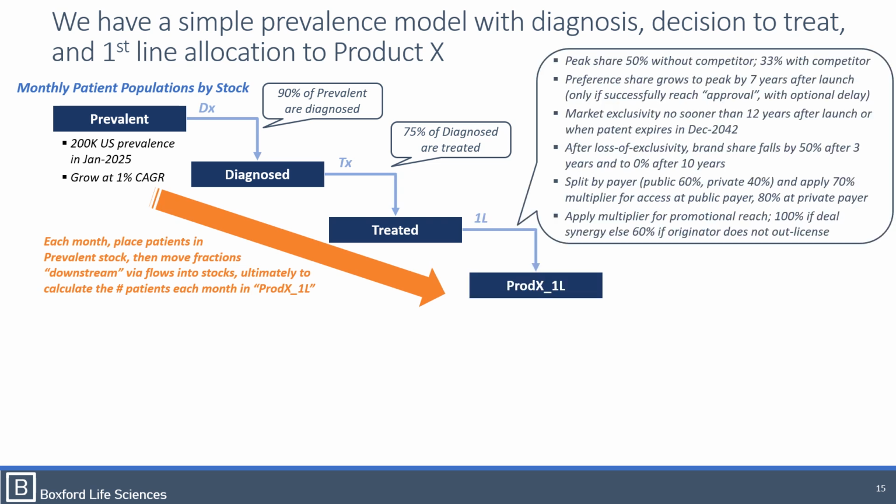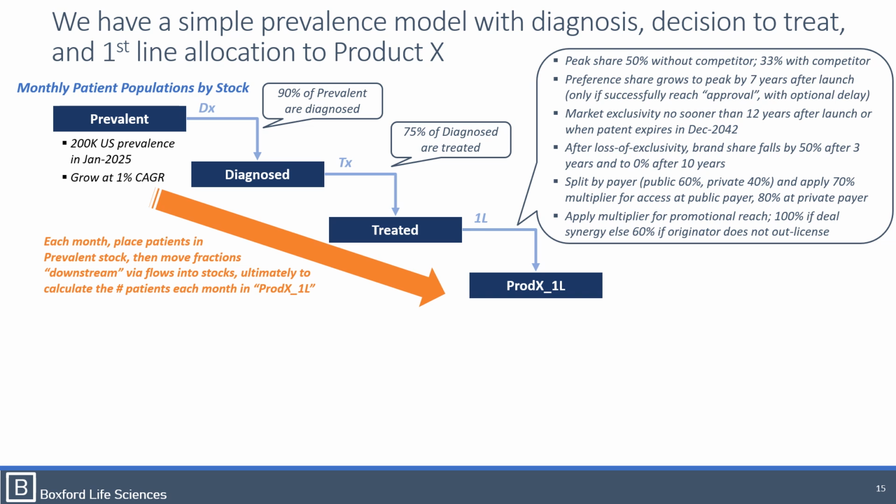And we have then a flow 1L for first-line allocation that uses this dynamic peak share that grows to 50% without a competitor, 33% with a competitor, and has the assumptions that we make about uptake, market exclusivity, and loss of share after exclusivity.